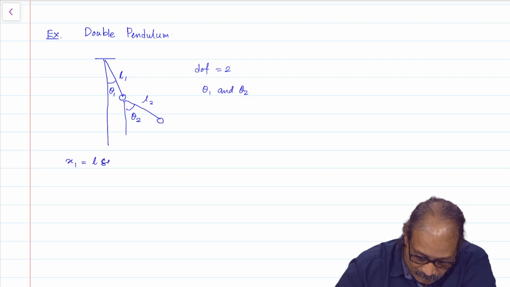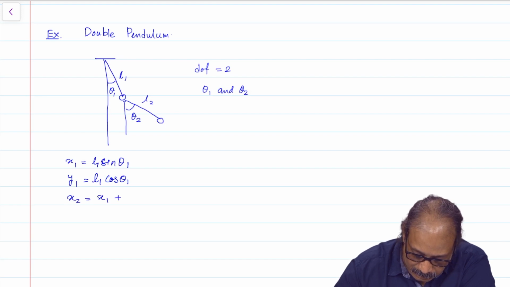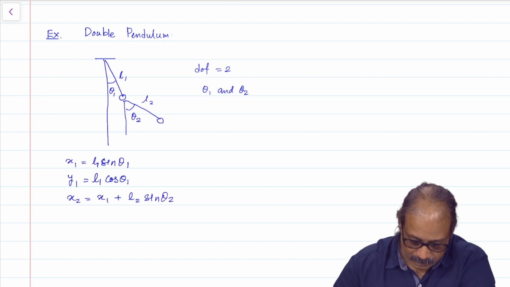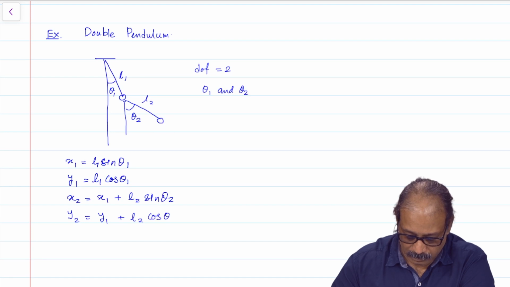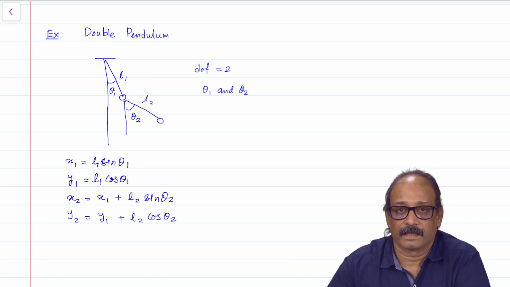So, x 1 would be L 1 sin theta 1, y 1 would be equal to L 1 cos theta 1 and x 2 is x 1 plus L 2 sin theta 2 and y 2 is equal to y 1 plus L 2 cos theta 2.